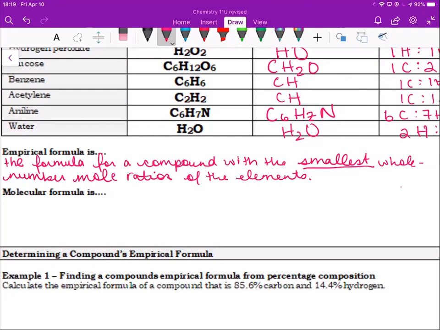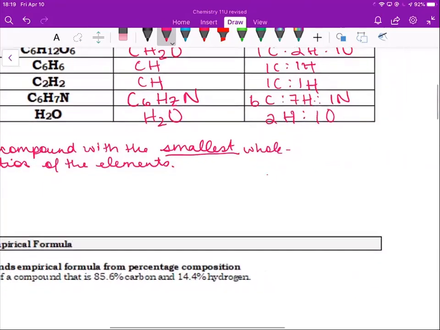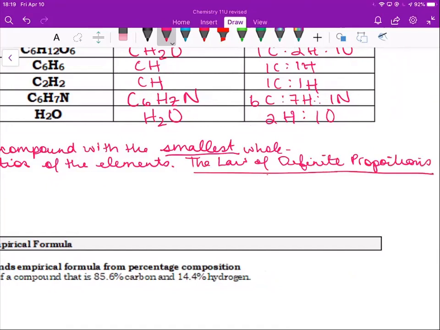So what is this really representing? Well, the empirical formula is showing the law of definite proportions. And I'm sorry, I am a terrible writer on my iPad, okay?